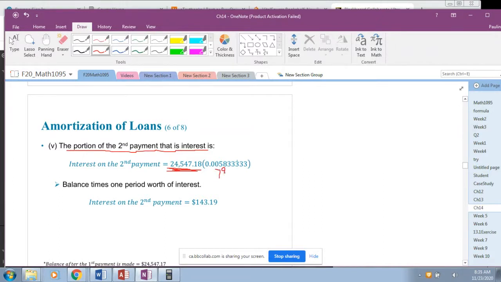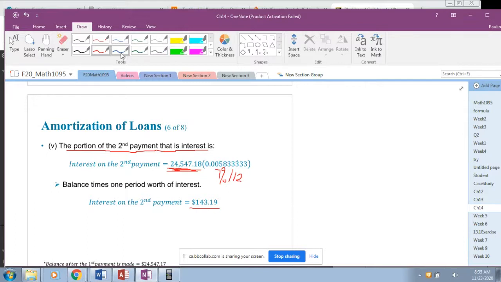Interest is 7% divided by 12. So the answer for the interest is $143.90 for the second payment.